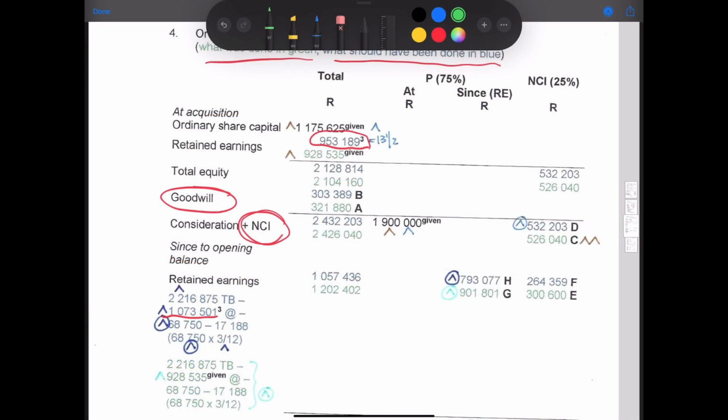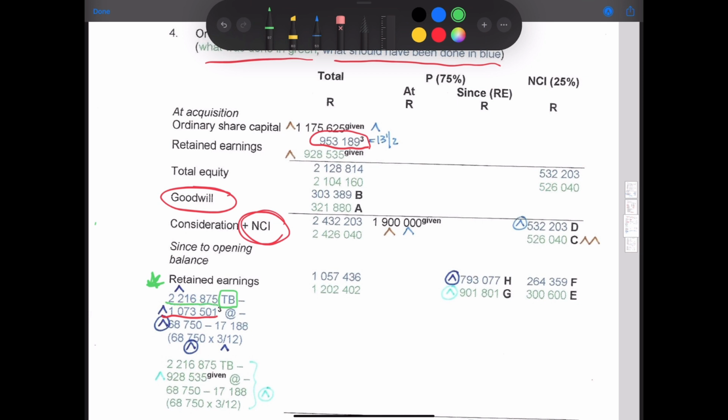In Part A of the required, many students did not realize that there has been a change in your retained earnings since acquisition. You should have used the amount given to you in the trial balance, the 216,875, which is your retained earnings opening balance for your 2020 year of assessment.